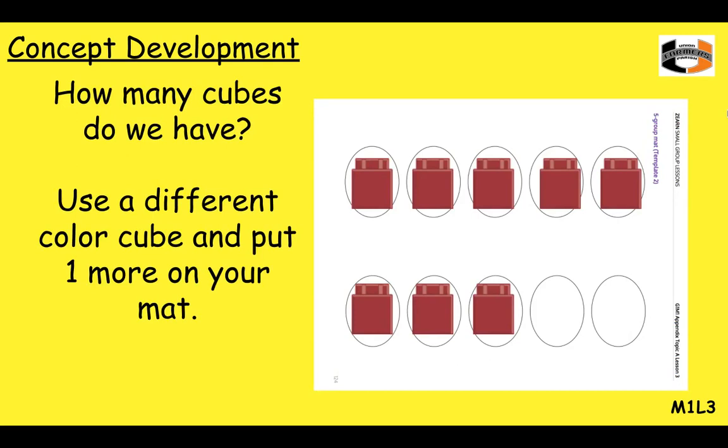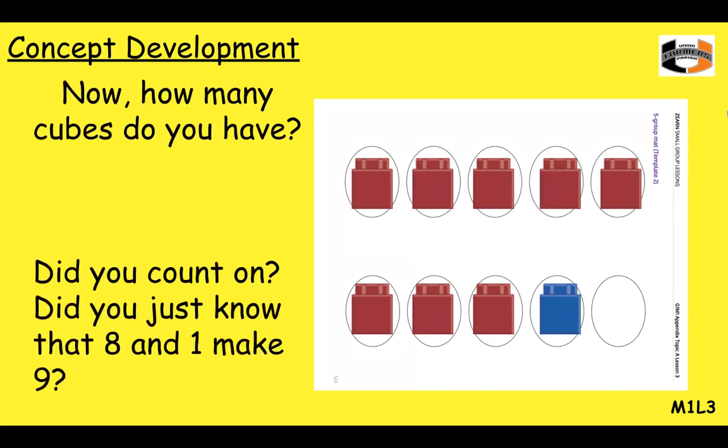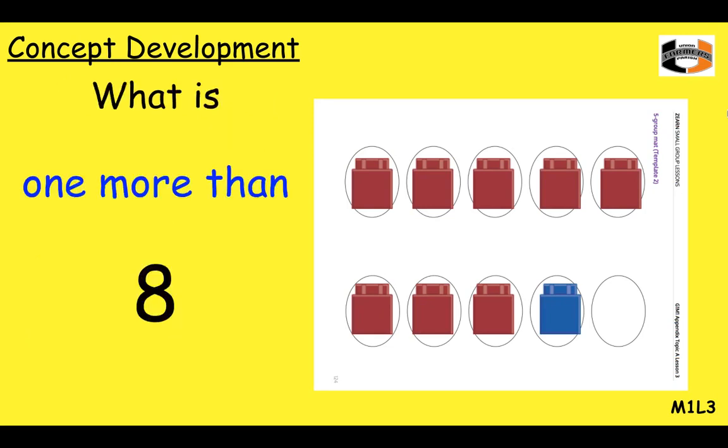Use a different color cube and put 1 more on your mat. Now how many cubes do you have? That's right, you have 9. Did you count on? Or did you know that 8 and 1 make 9? What is 1 more than 8?